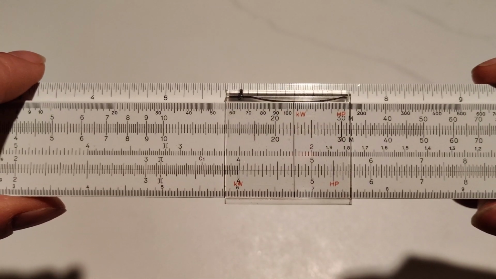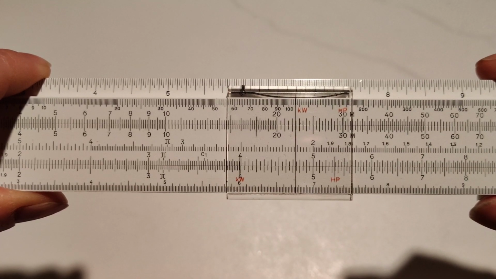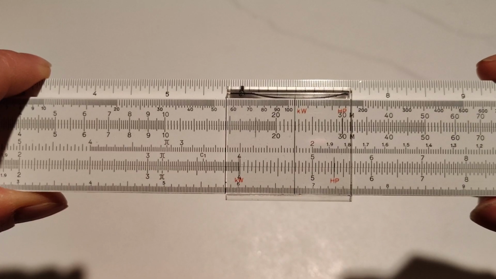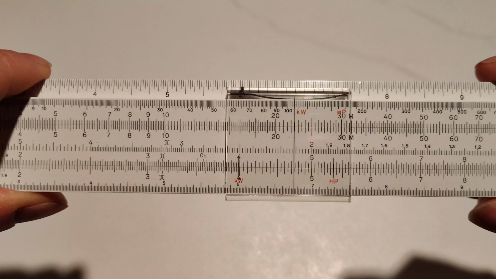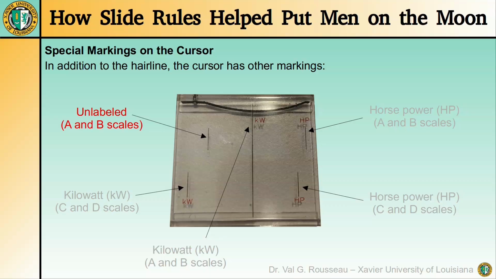All we have to do is to move the cursor so as to place the horsepower marking over the value 30 on the A scale, then directly read the square root of the converted value on the D scale, 4.73.